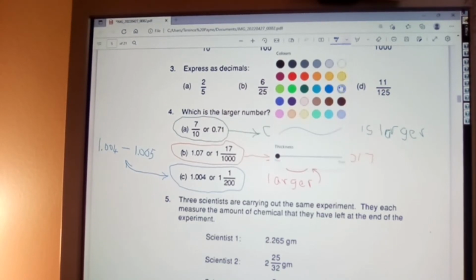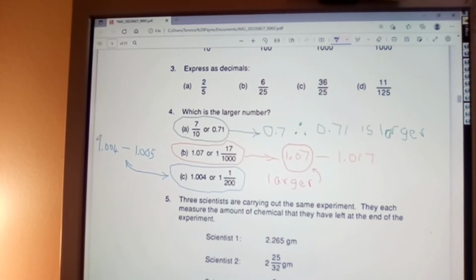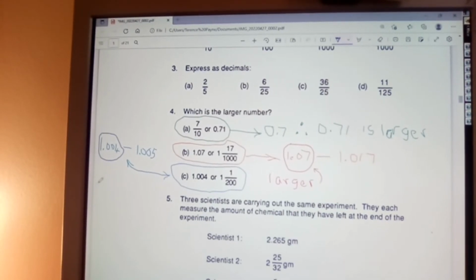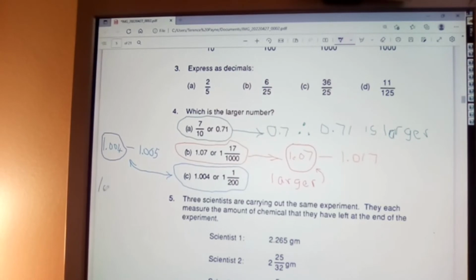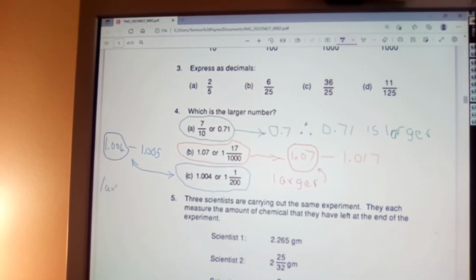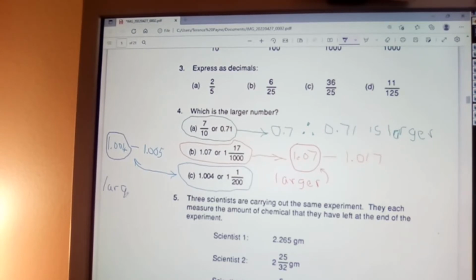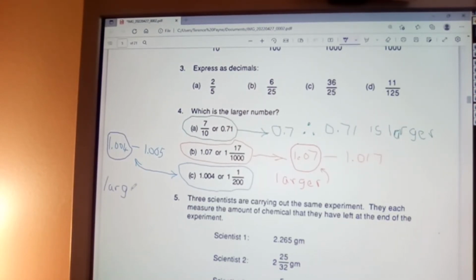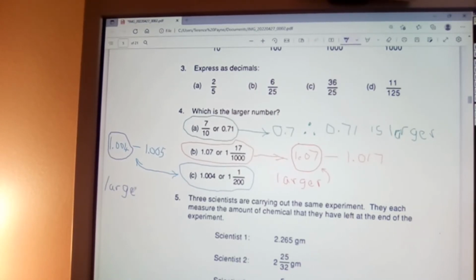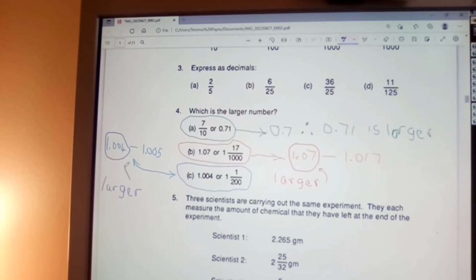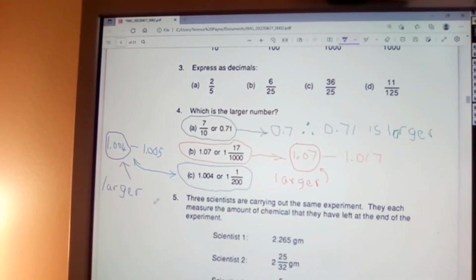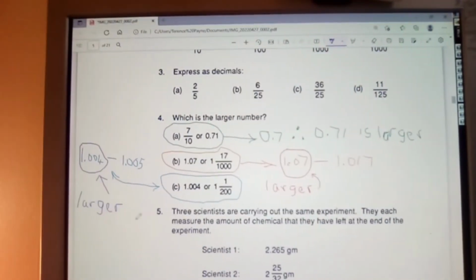But again, I could be totally wrong, but again, I am going with what I believe to be right. This is larger, okay?